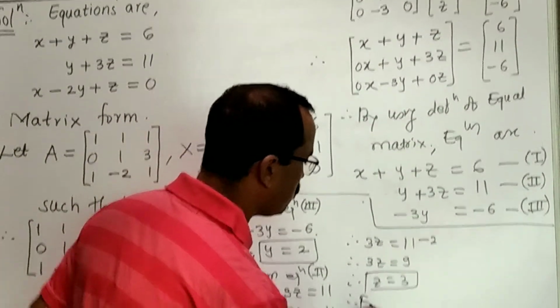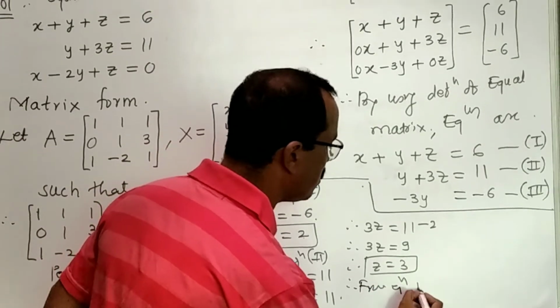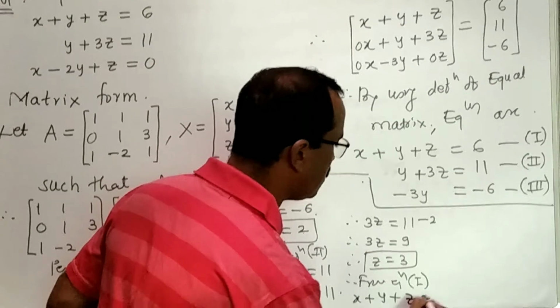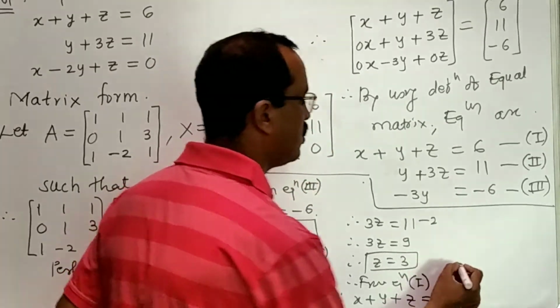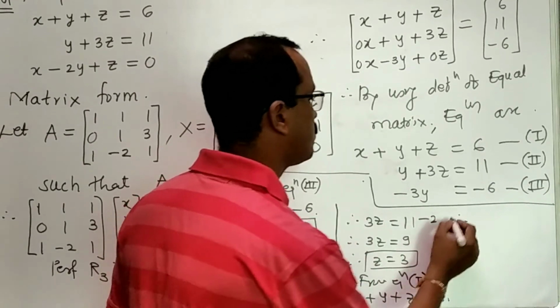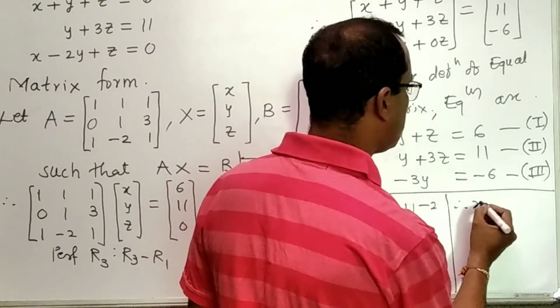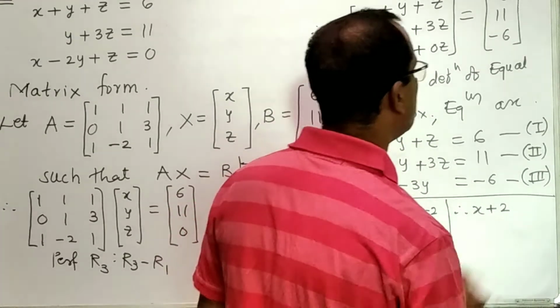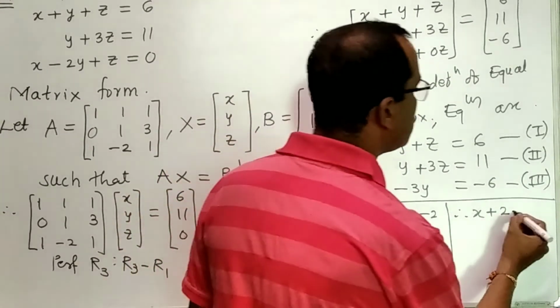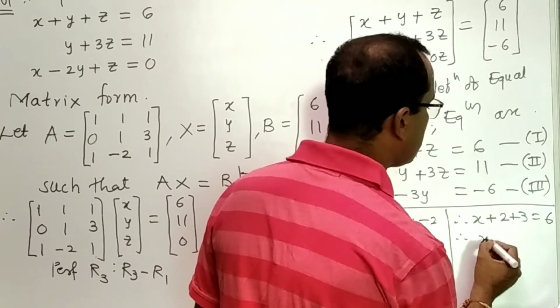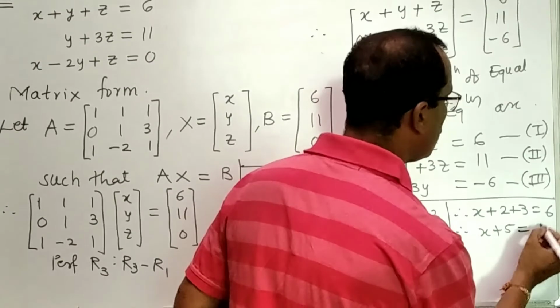Now using equation 1, x plus y plus z is equal to 6. Therefore x plus value of y is 2, then z is 3, is equal to 6. Therefore x plus 5 is equal to 6.